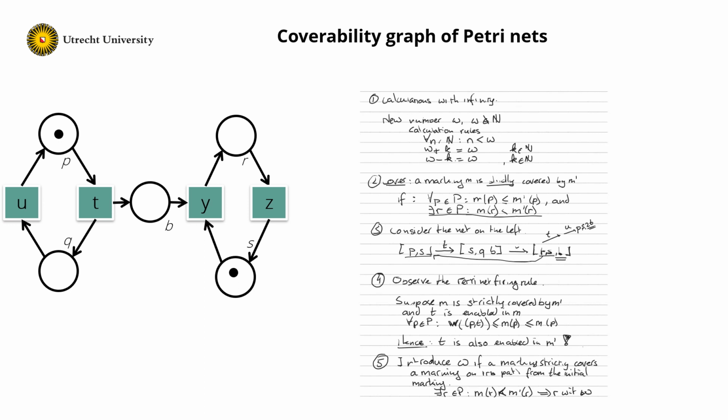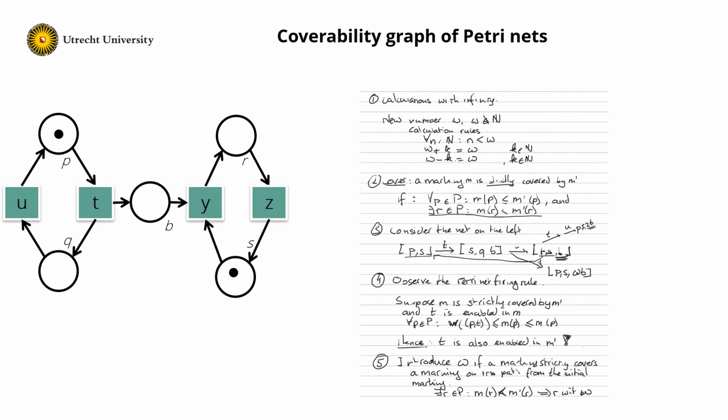So that means in this one, because this B is covered, I say I fire it with U, and it gives me the marking with 1P, 1S, and omega B. So every time there's a place that is strictly covered, then I can introduce omega.